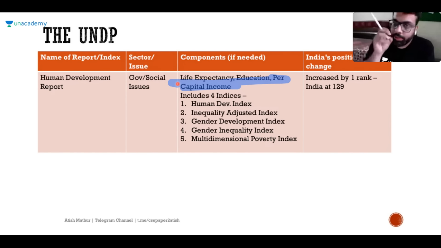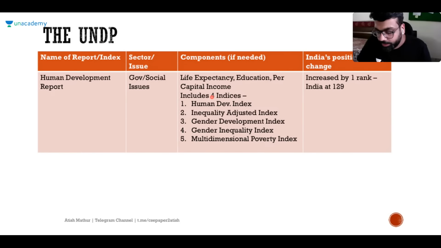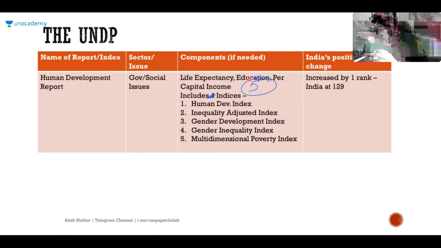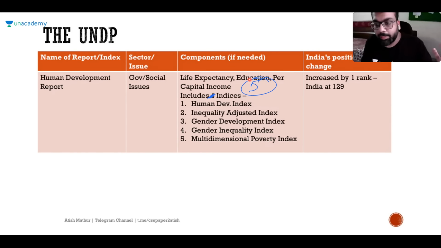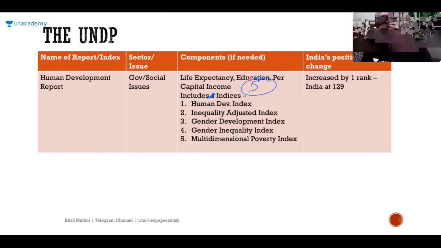Now, the Human Development Report has a total of five indices. I'm sorry, I've written it as four incorrectly. It has a total of five indices. These indices have been created keeping the Human Development Report in mind.